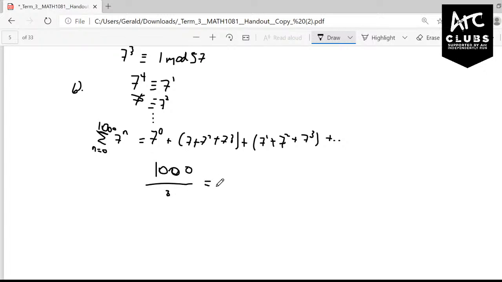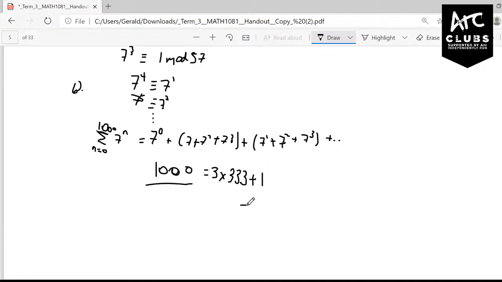So 1,000 can be written as 3 times 333 plus 1.